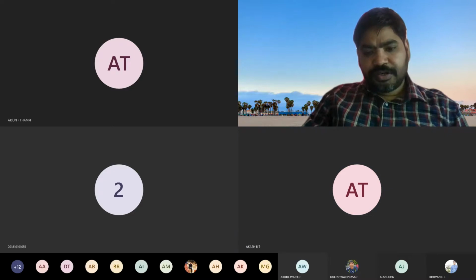Then tell me what phases will be present. Simply you can draw the line like this and come downward. From this point you can tell this is liquid plus alpha phase.